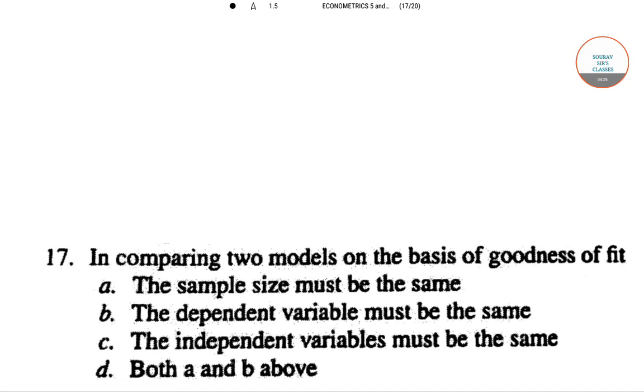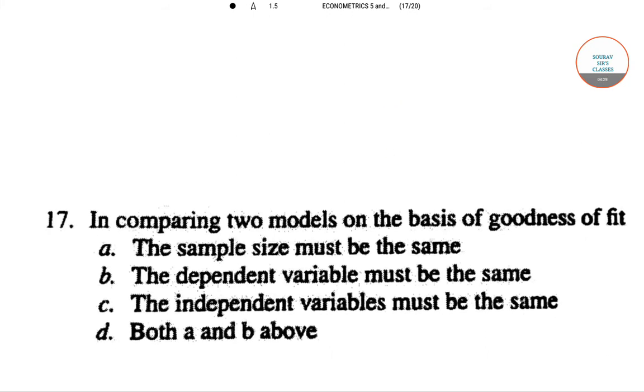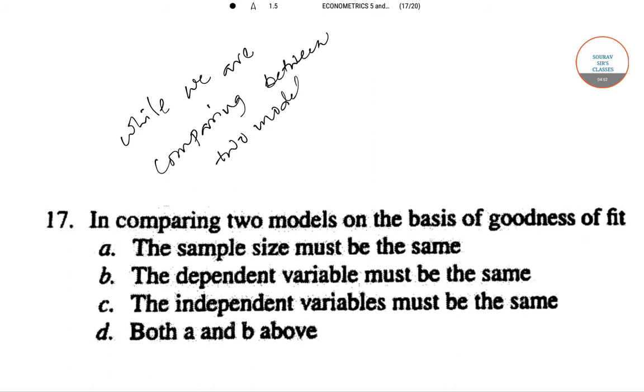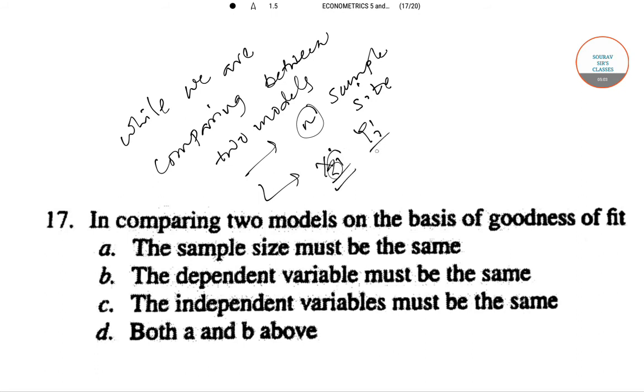Moving to the next question: in comparing two models on the basis of goodness of fit, the sample size must be the same, the dependent variable must be the same, the independent variables must be the same, or both A and B are correct. While we are comparing between two models, we first check n, the sample size, and we also check the dependent variable yi.